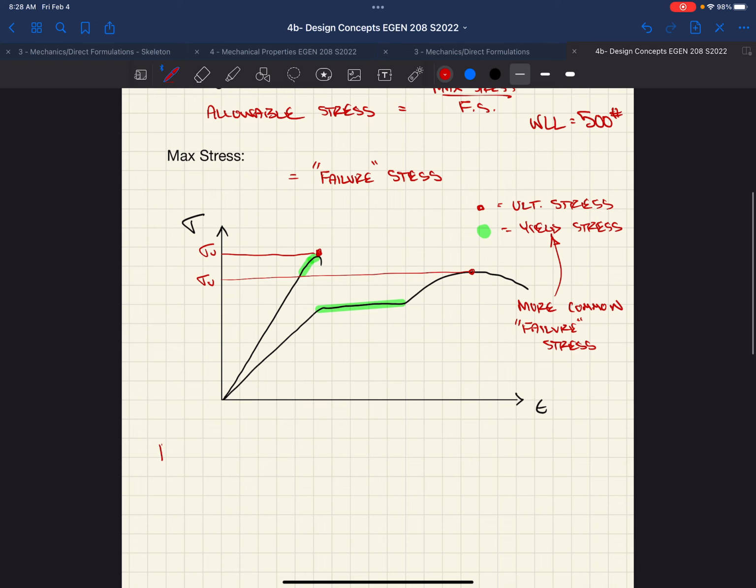So if we look at factor of safety now, right, it's the max stress over the working stress, this being our allowable stress.